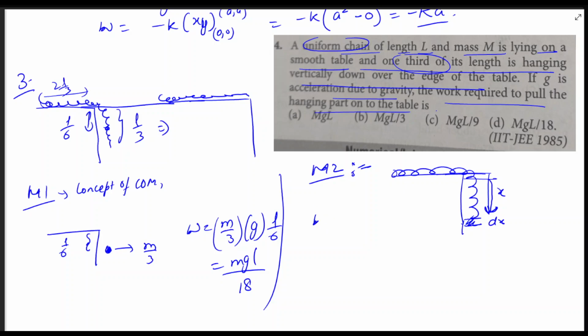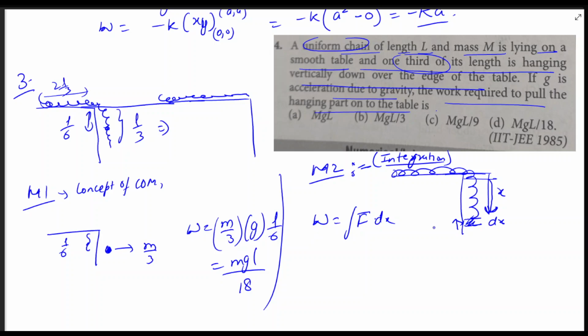So we can find the work done by using integration. So this is the integration method. By integration we'll have F dot dx. This particle has been moved upward by dx, right? And the force will be acting downward.